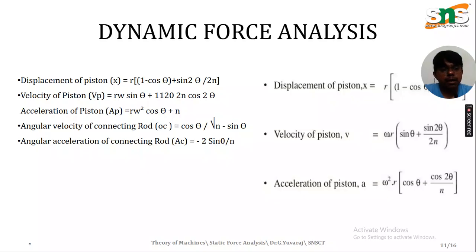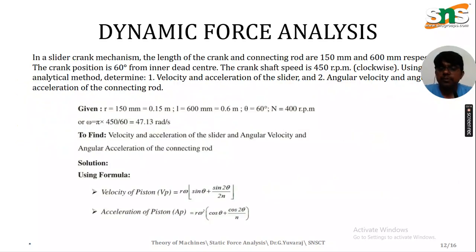Similarly we need to calculate the velocity of the piston, the acceleration, and the angular velocity and angular acceleration of the connecting rod. In all the analysis we have to analyze the force and moment of the particular engine component, and based upon that we do the force analysis.